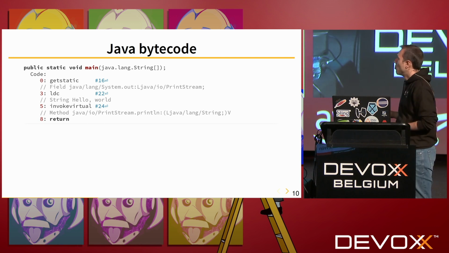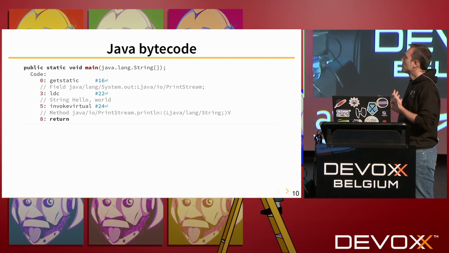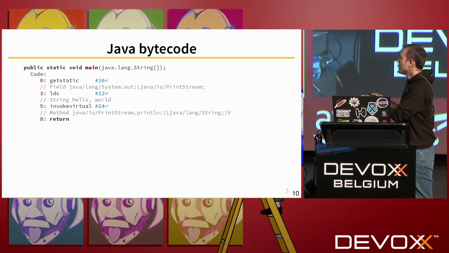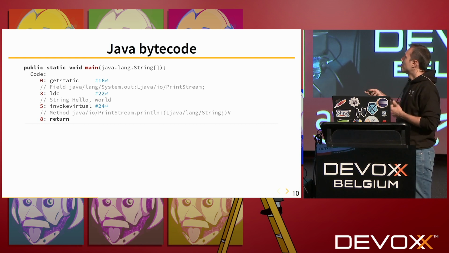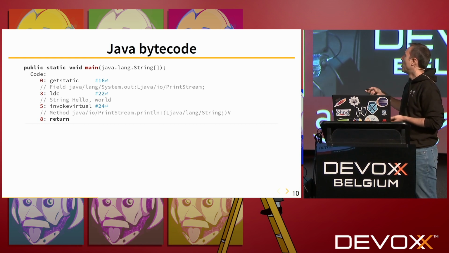Just for explaining how things look, I took a bytecode listing using the javap utility from a Hello World Java class. Right. So this is just showing the main method definition, and then we have 4 distinct lines. First one is the getstatic opcode, which gets a static field. It's System.out of type java.io.PrintStream.